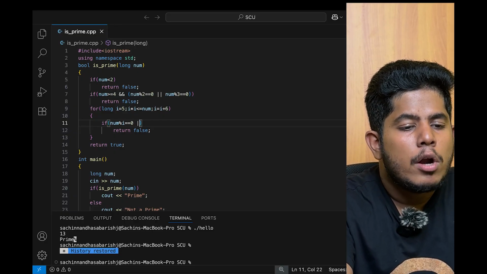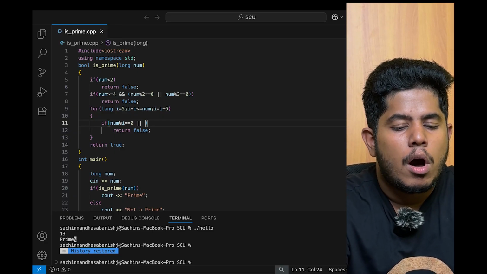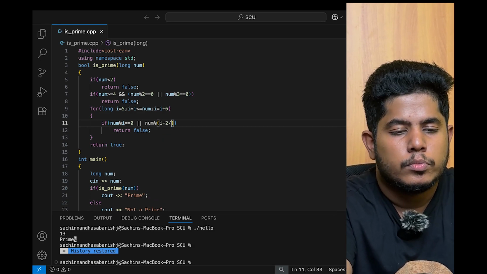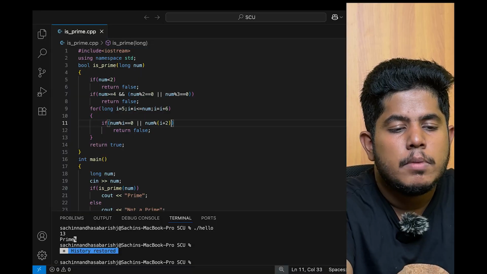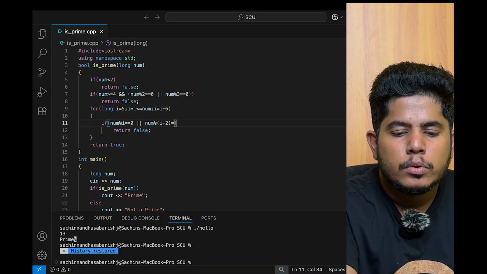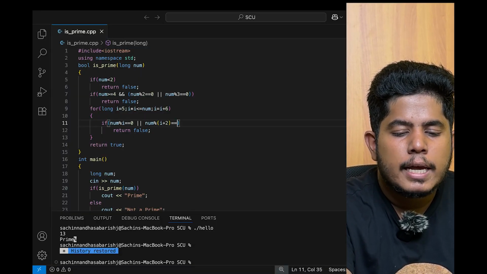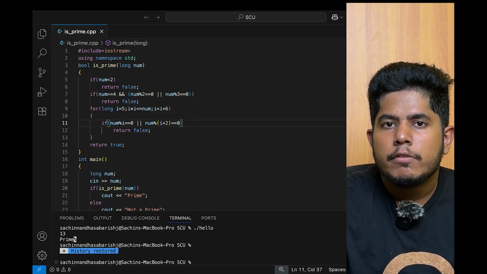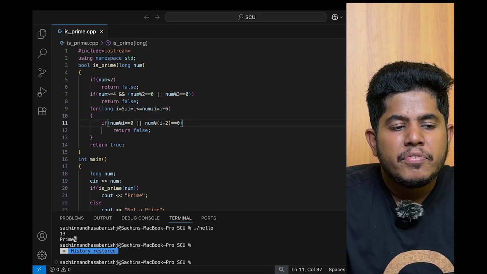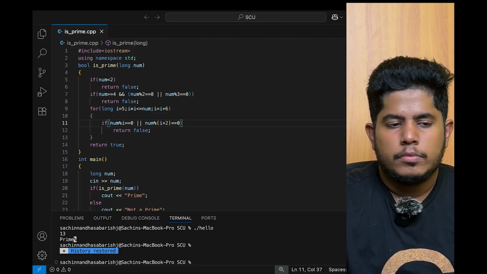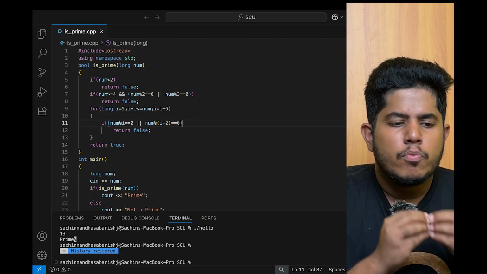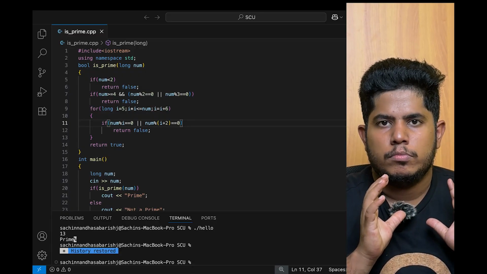So is num modulus i equal to 0, or otherwise num modulus i plus 2 equal to 0? In that case also we will return false. And finally, if we surpass the loop, then it's a clear indication that the given number is a prime number, so we will return true.